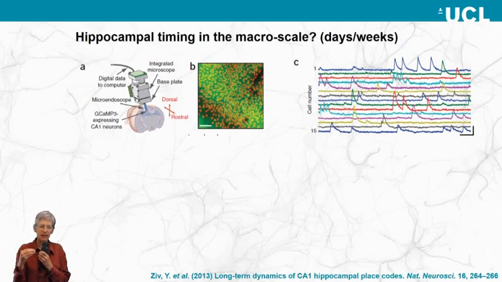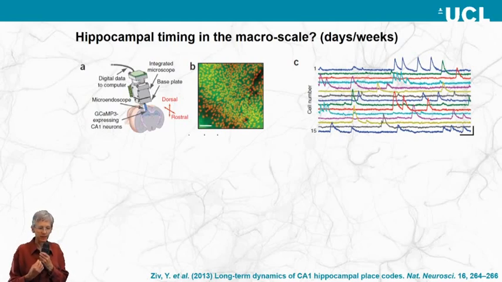These are transgenic mice that are expressing a protein that fluoresces when calcium flows into the cell. So they're activity markers, and you can see this fluorescence under a fluorescent microscope. This imaging method allows the simultaneous imaging of lots and lots of cells at once, and it can be done for long periods of time, like days or weeks.